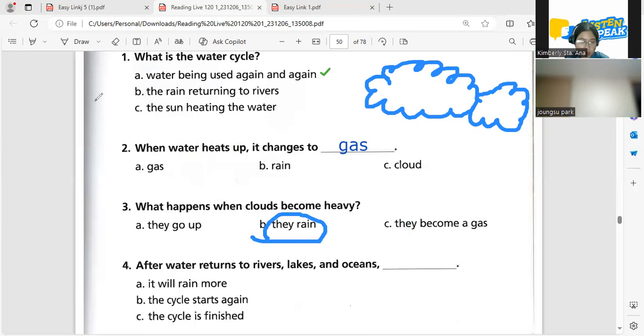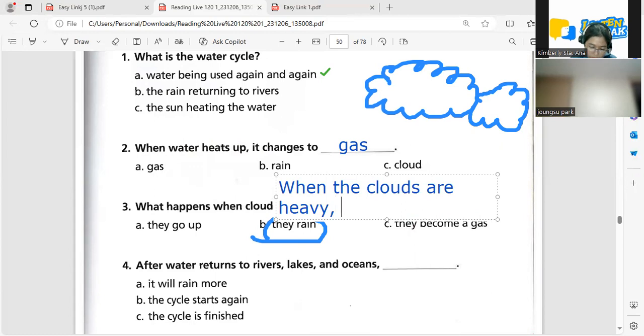So how do you say that in a sentence? We say, when the clouds are heavy, it rains. Okay, now let's try this one together, okay?